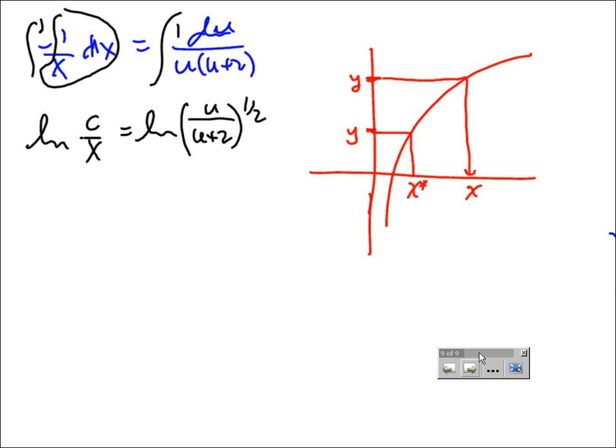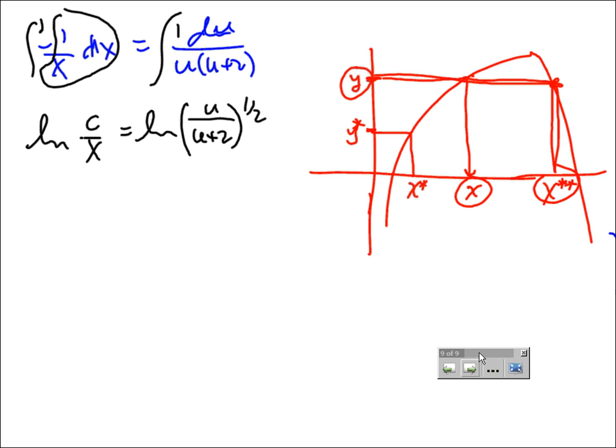To get this value, you have to take ln of x star. ln of x star gives us y star. It isn't like the function comes down and you say, wait a minute, there's another x value, x double star, where ln of x double star also gives you y.